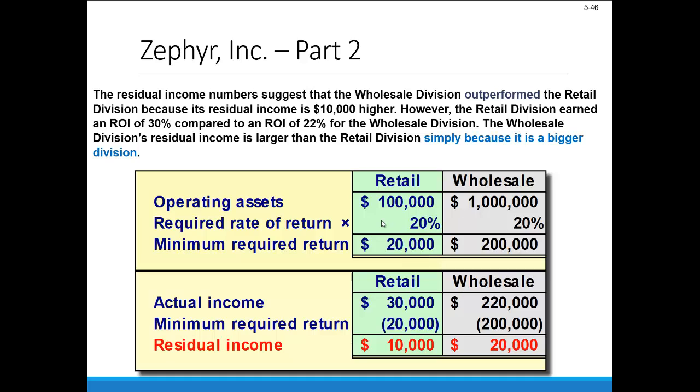So the retail division is getting more bang for the buck, we might say. And again, they're just hampered, if you will, at least relative to the wholesale division, by the size of the division, the amount of productive assets they have. So we have to be careful there. Residual income really does not lend itself to comparability when there's a difference in size between the divisions or segments.